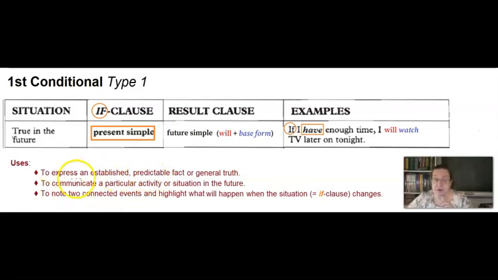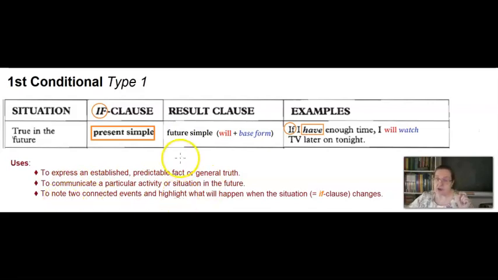So therefore, we are looking at predictable facts or general truths, not now, but moving forward, looking ahead. So we are looking to communicate a particular activity or situation decidedly in the future.